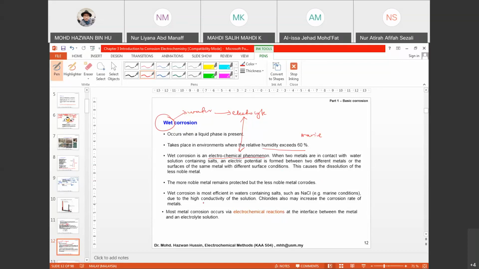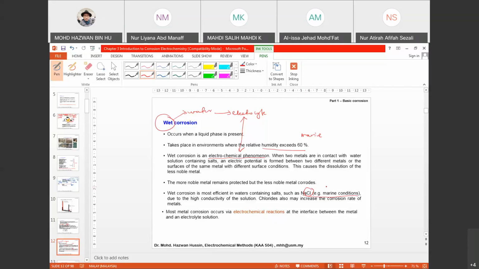Finally, wet corrosion is most efficient in waters containing salts such as NaCl. So that is why in marine or in the sea, the corrosion process normally becomes more aggressive, because you have salts, like chloride ion, which is known to be aggressive.